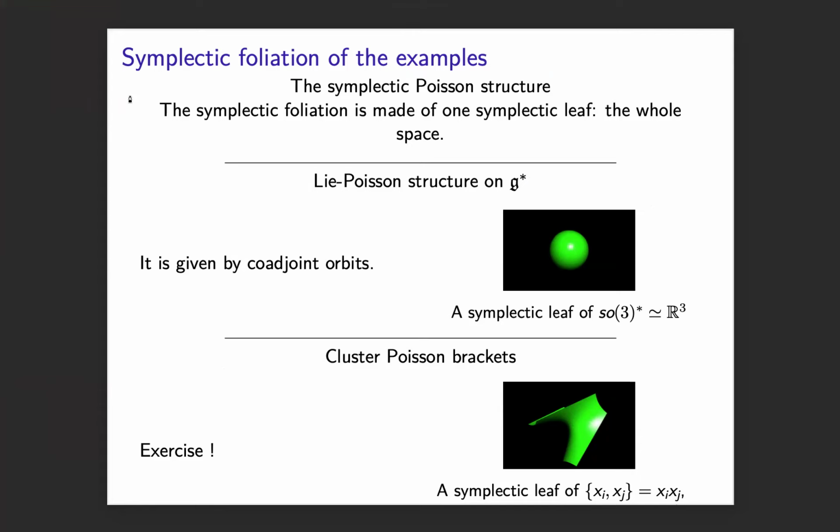For the symplectic Poisson structure, since symplectic Poisson brackets are not degenerate, the map from T star M to TM is bijective, so there is no degenerate direction, and the symplectic foliation is made of one symplectic leaf. This is the whole space.